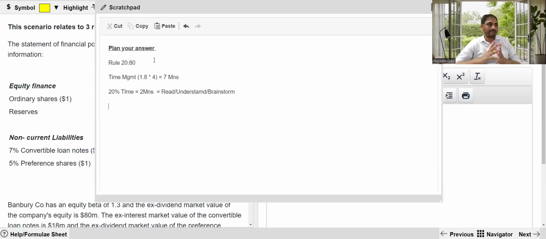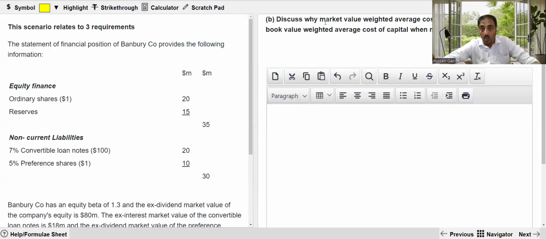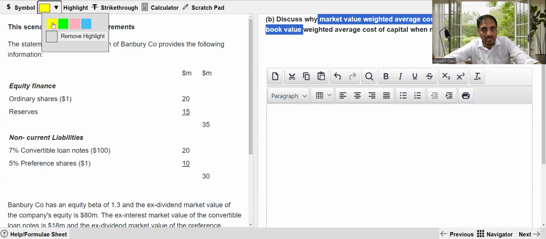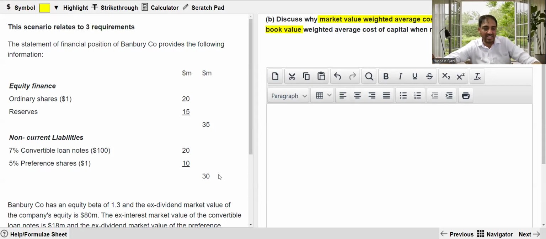That's a key point. So here, you need to read the requirement. Here the examiner asks, discuss why market value WACC is preferred to book value WACC when making investment decisions.